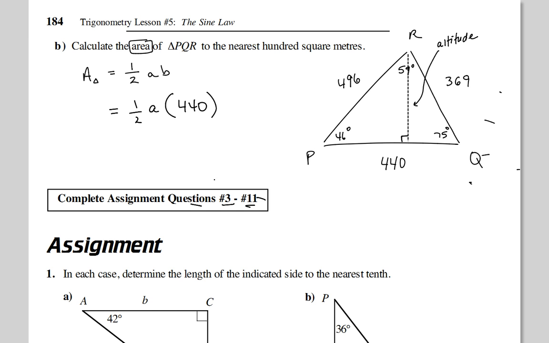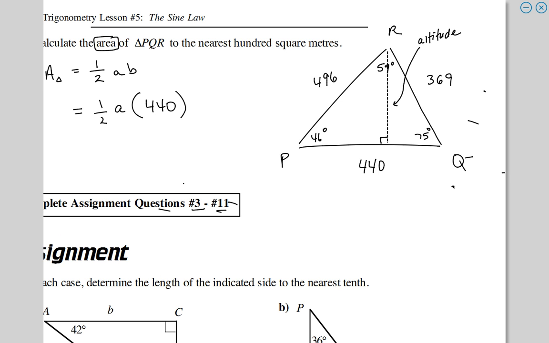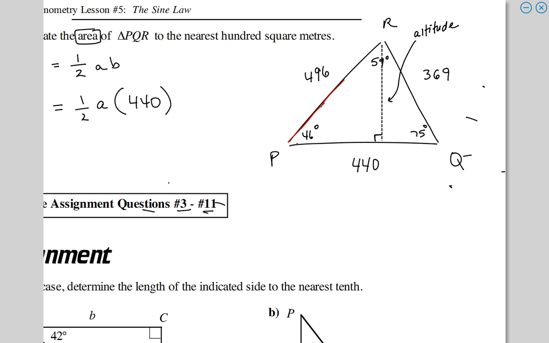We could have rotated this triangle and used a different altitude, and then used a different base. But right now, the way it's drawn, we have a base of 440. All we have to do is calculate that altitude. And to calculate that altitude, you're going to have to use your basic trig. If you have a right angle like this, then just use your basic trig. So how to find the altitude? Well, it's the opposite, right? It's opposite of 46.